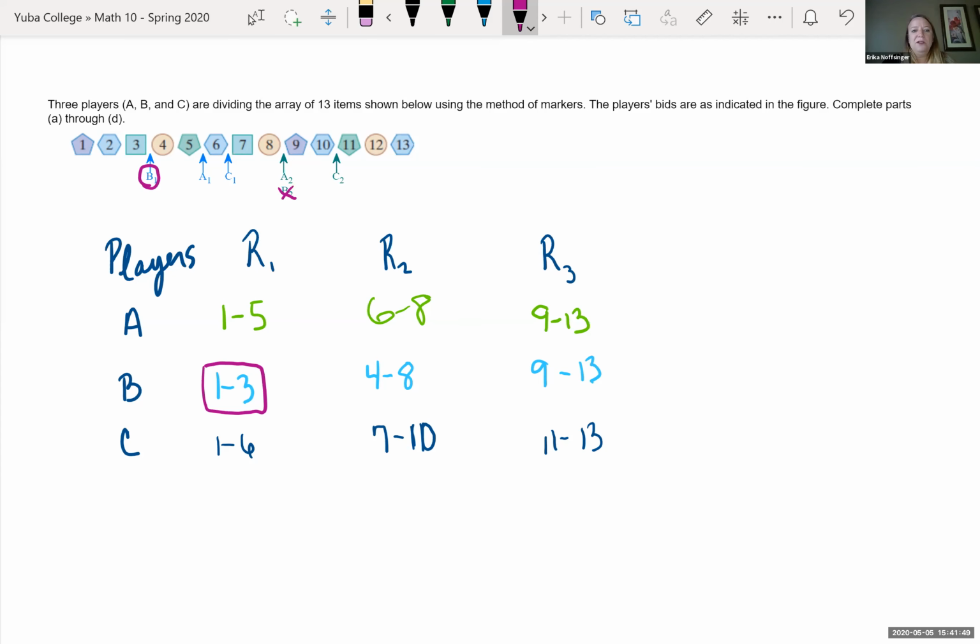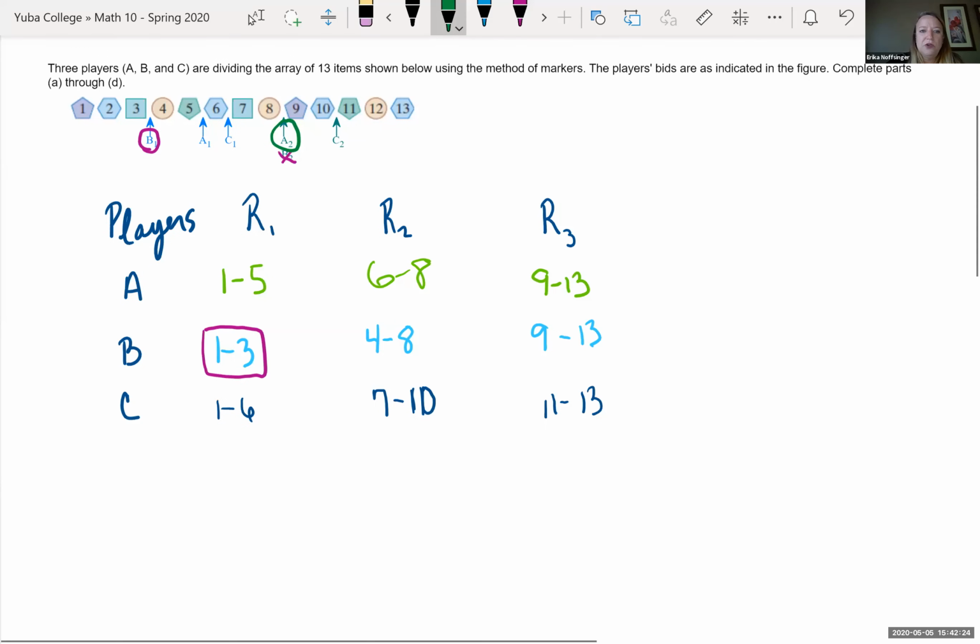Now we're going to look at where the first marker comes up for round 2. The first marker cut that comes up for round 2 is A sub 2. So this is where you give them the items from their round 2 share.